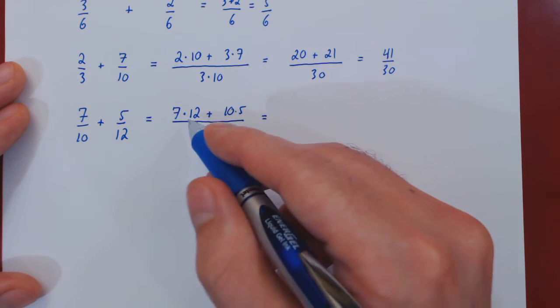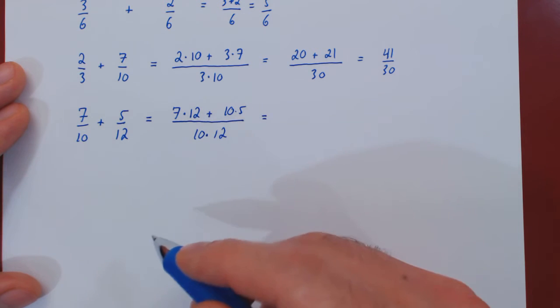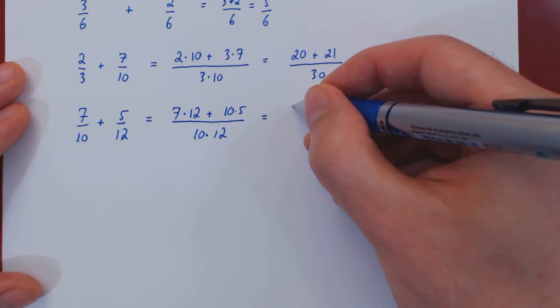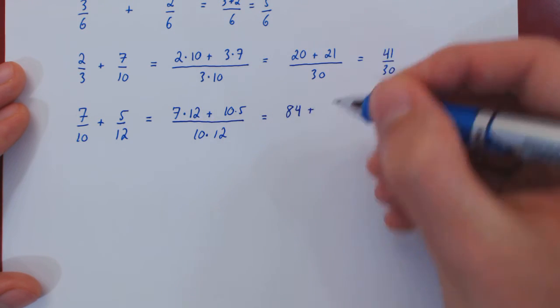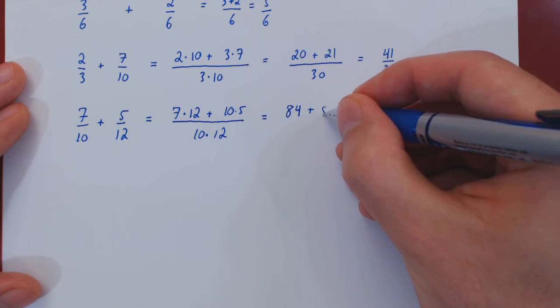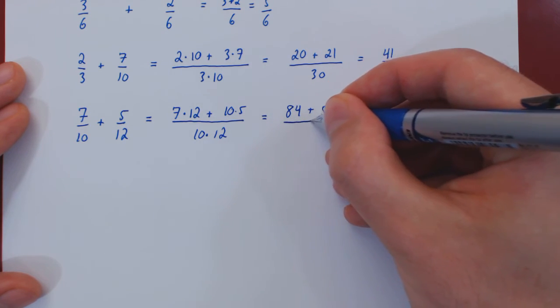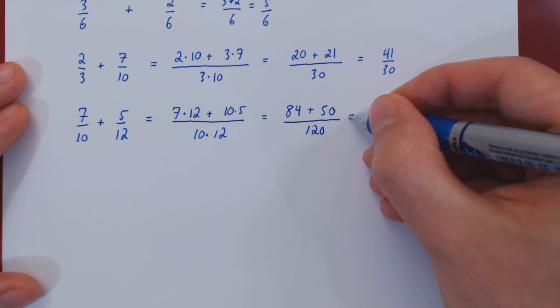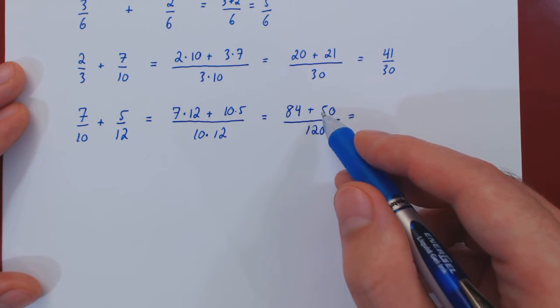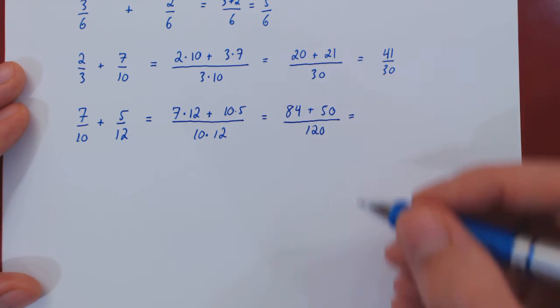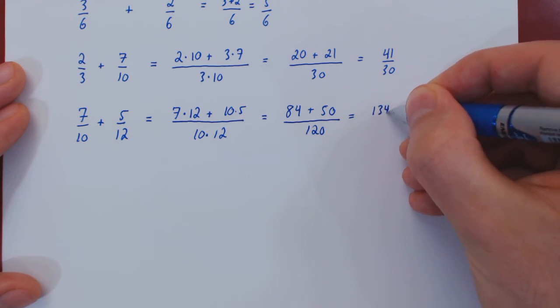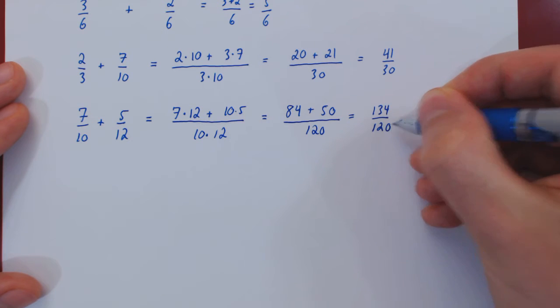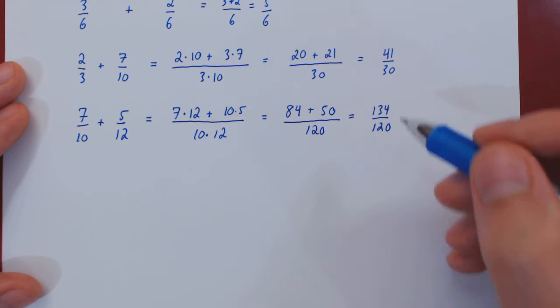Multiplying things out, 7 times 12, well, we get 70 plus 14, so 84, plus 10 times 5, 50, over 10 times 12, 120. Let's perform the addition on top. 84 plus 50 is 134 over 120. And this is our answer, but we can do a little better, right?